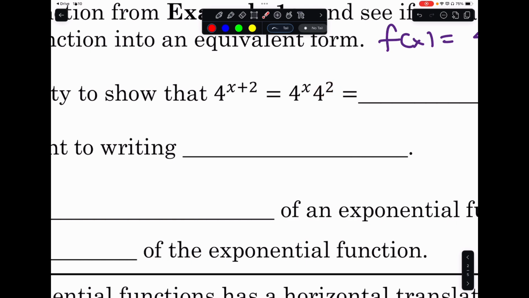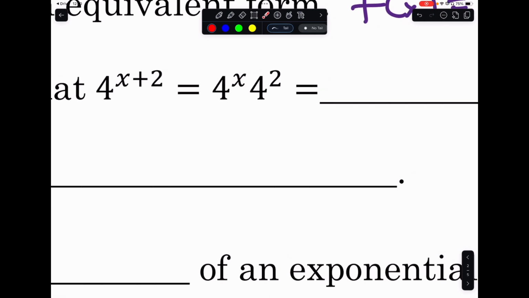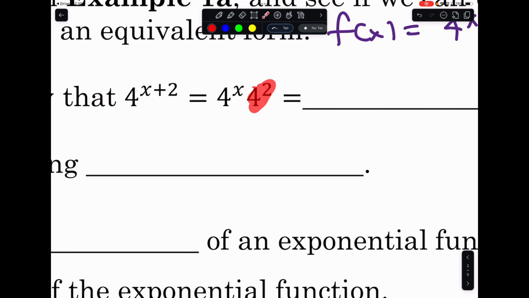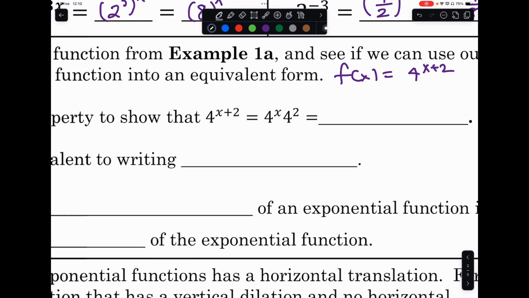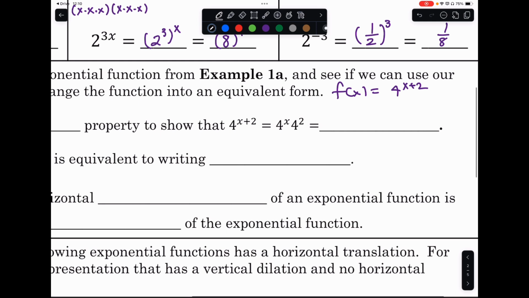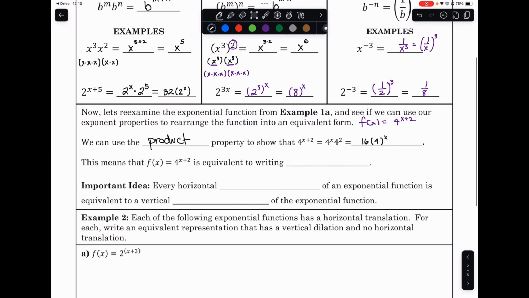And because of this separation, we can rewrite this function f of x as 16 times 4 to the x power. And therefore, f of x is equal to 16 times 4 to the x power.